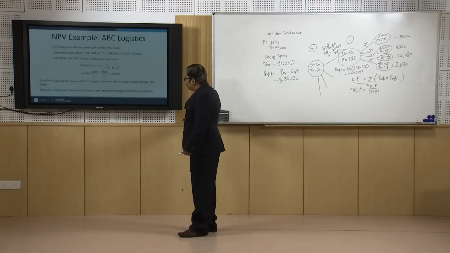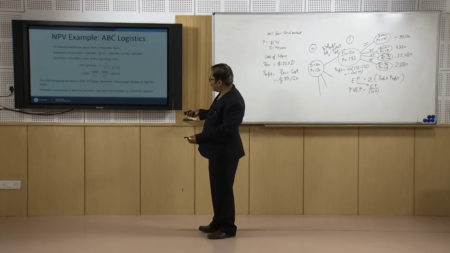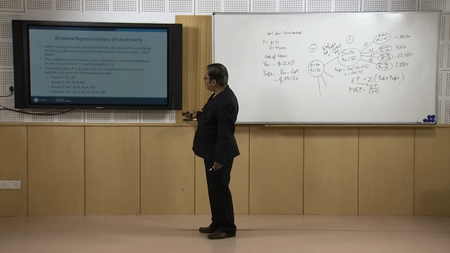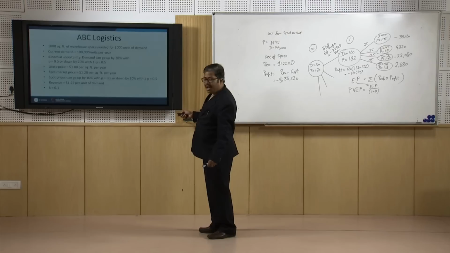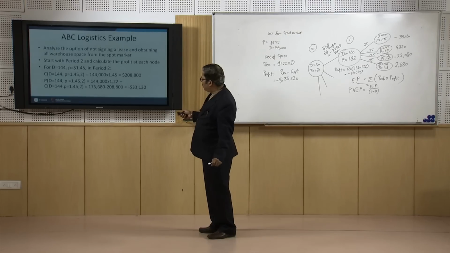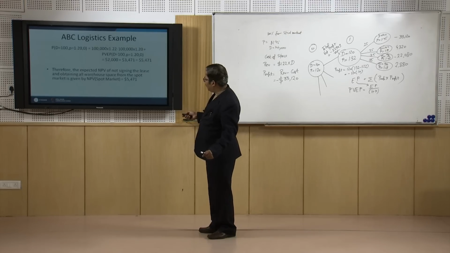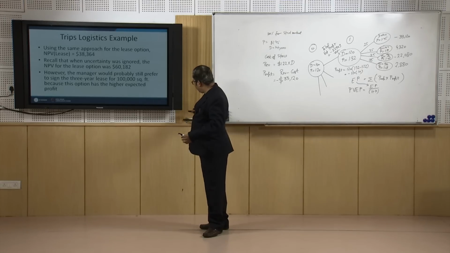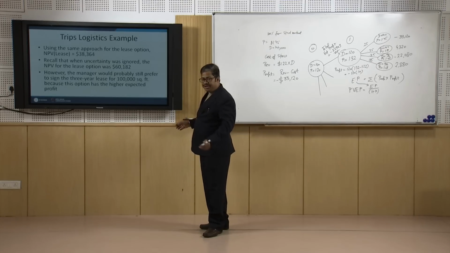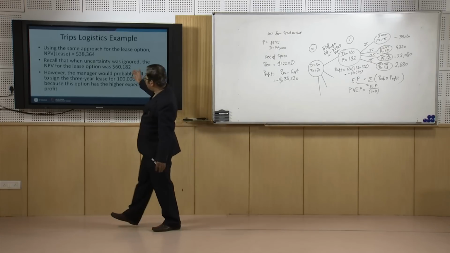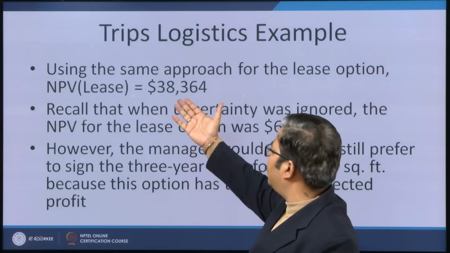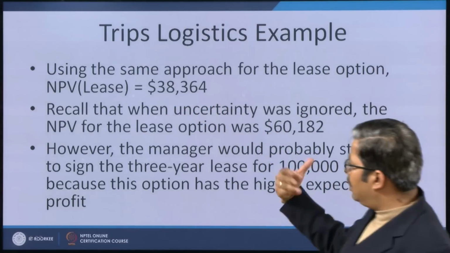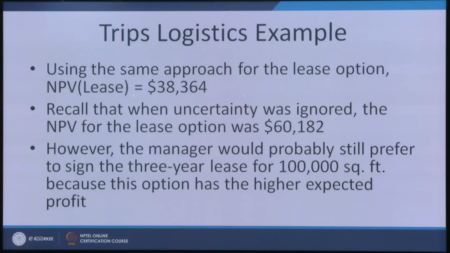$60,182. So because uncertainty is there, because of these types of fluctuations in my future pattern, obviously I have to sacrifice on my profit, because I am not very sure what may happen. So this 60,000 reduced to 38,364 when some kind of uncertainty I have built into my situation.